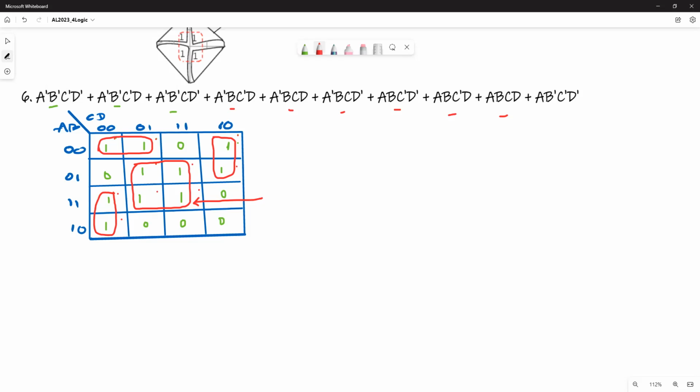BD. Yes, this one, if you look at from this side, what are the changes? We have A dash B and then AB. So you can see that the B is common for this region. A is changing, so we can say B. And then from this one, we have C bar D, C D. C bar is C changing with a variable. So you end up with BD. That's good.